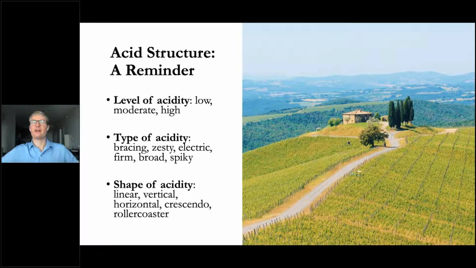And so rather than being perhaps swayed sometimes by different flavor or aroma profiles, acid structure may be a more reliable and consistent way of assessing varieties. That's the argument. So let's see whether the tasting backs that up.